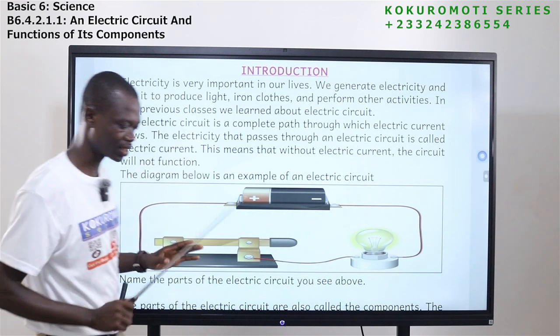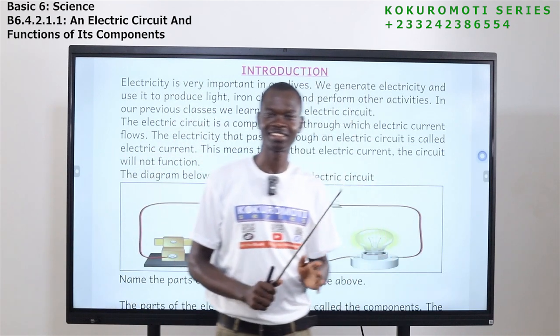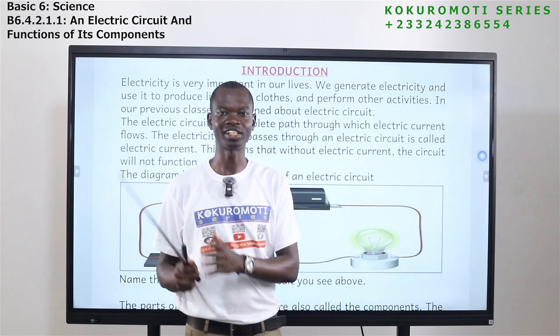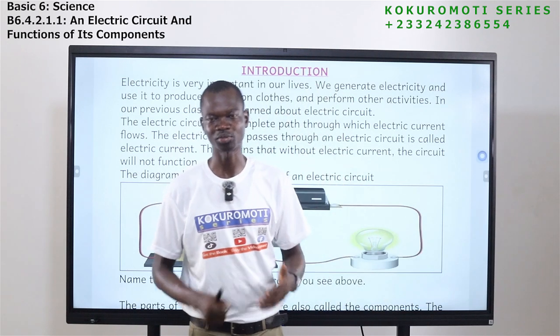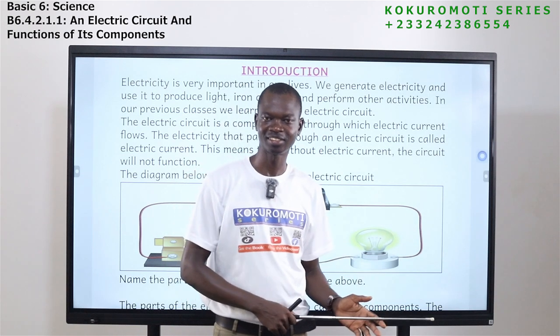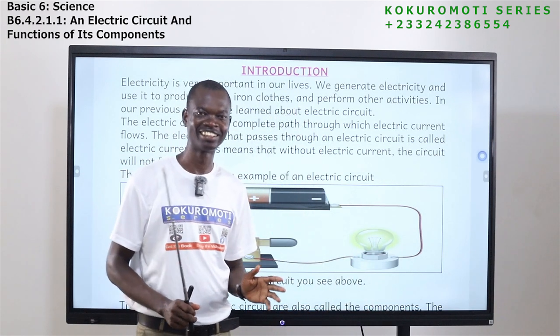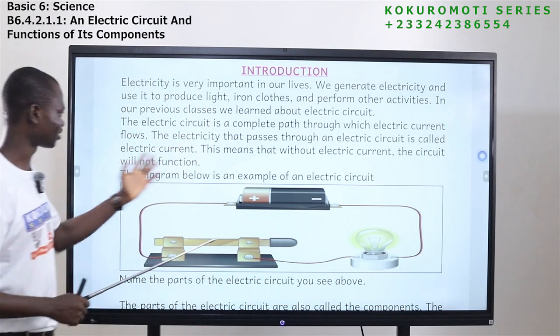So we are saying that an electric circuit is a path through which electricity or electric current flows. So the path through which electric current flows is what we call the electric circuit. You should understand it. Okay, and we also mentioned electric current.